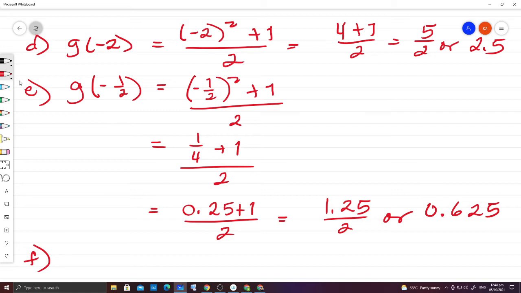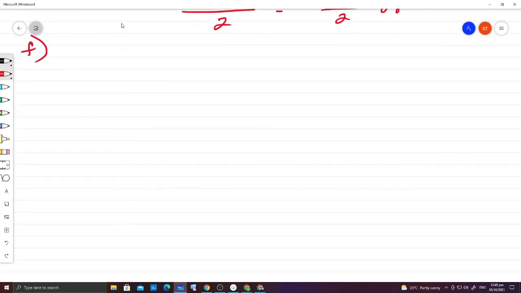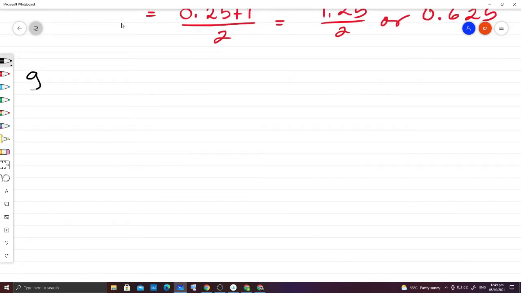Sorry. We are now on number 3. If you see this kind of question, this pattern, it's the same thing with the same steps.